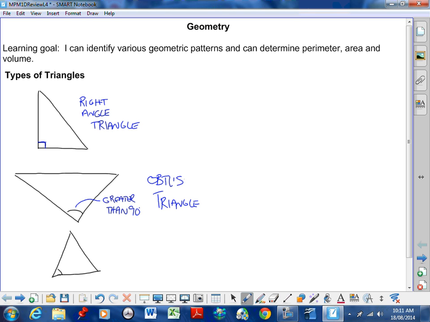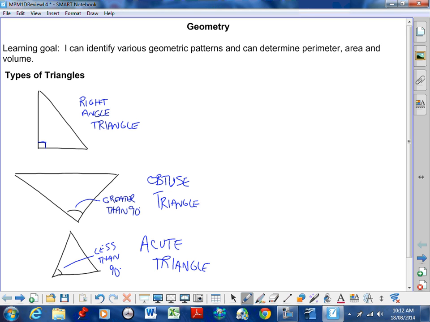Obtuse, make it look like it. There we go. And finally, less than 90, this is what we call acute. A cute little triangle. Alrighty, so there's your acute.